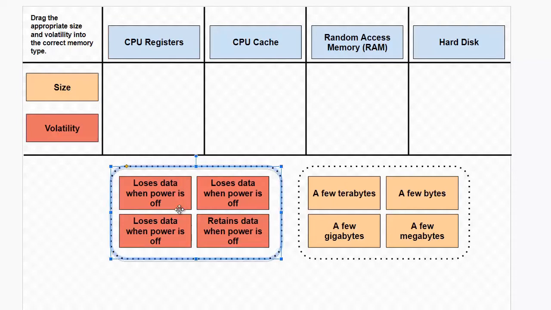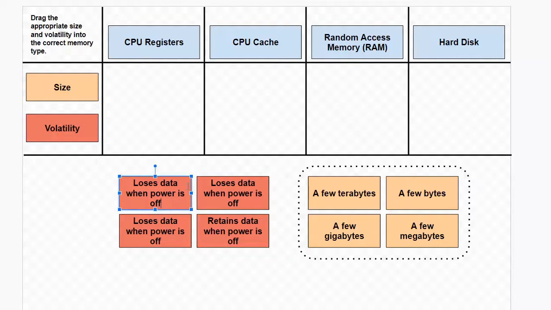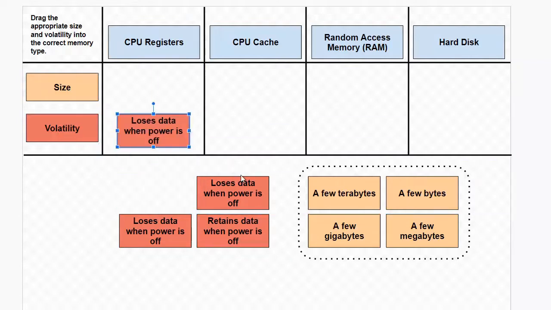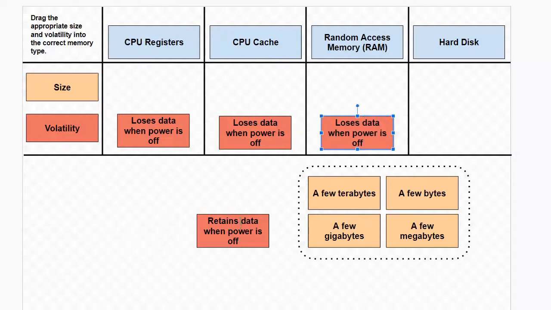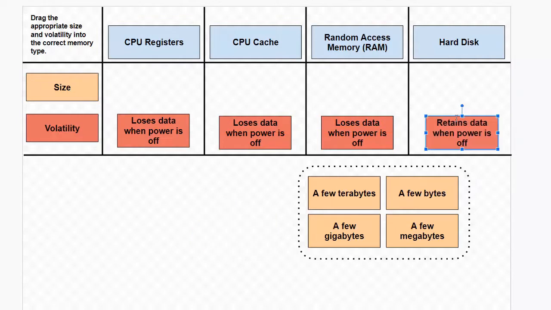So, let's move that one up to there, that one up to there, that one up to there, and for the hard disk, retains the data when the power's off. So when you turn the power off, anything that's on the hard disk remains.